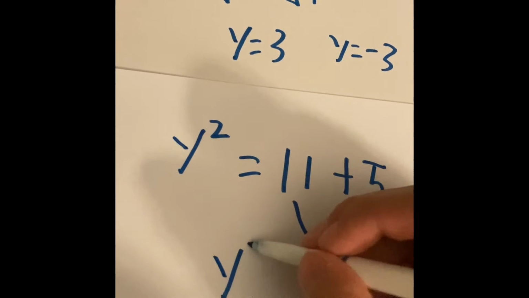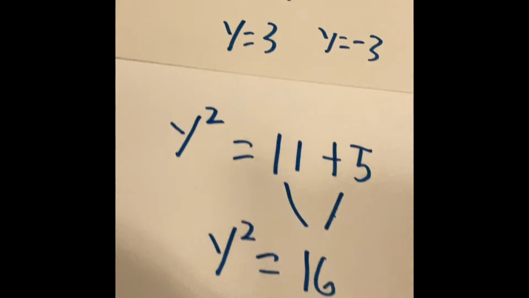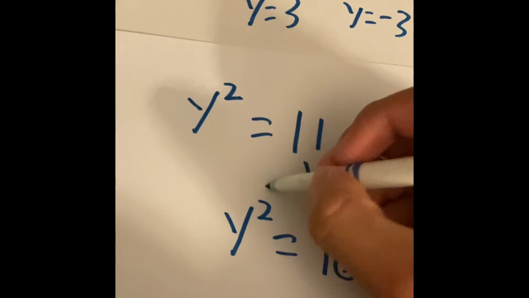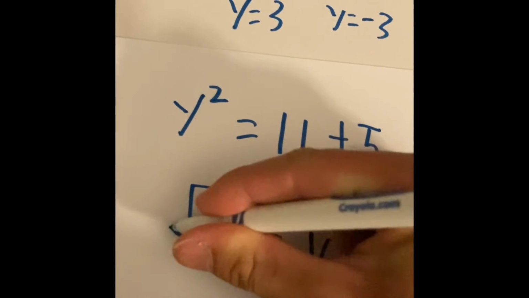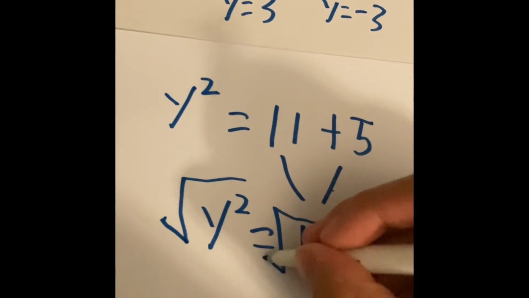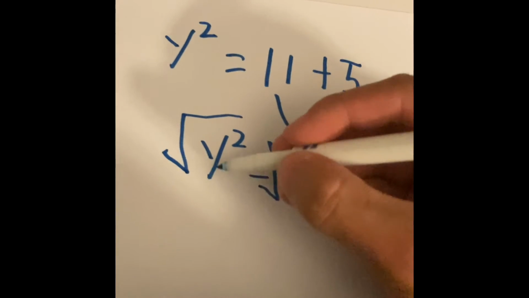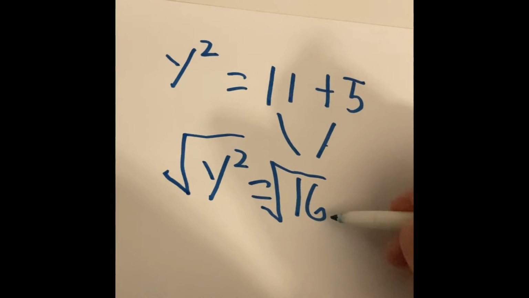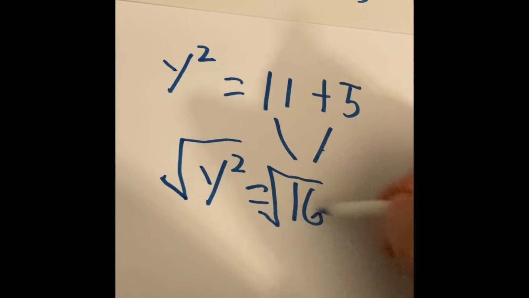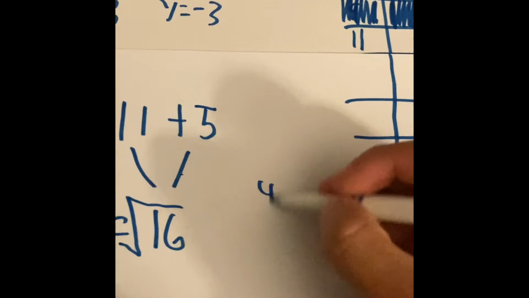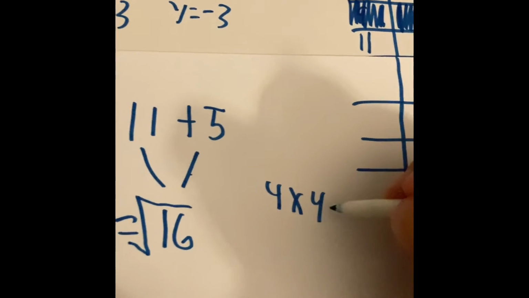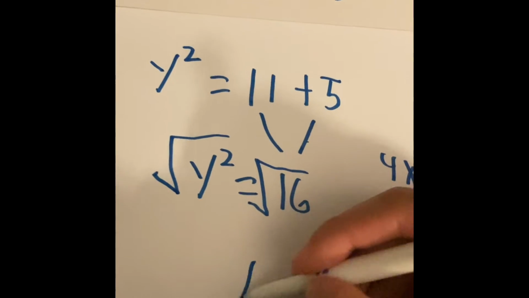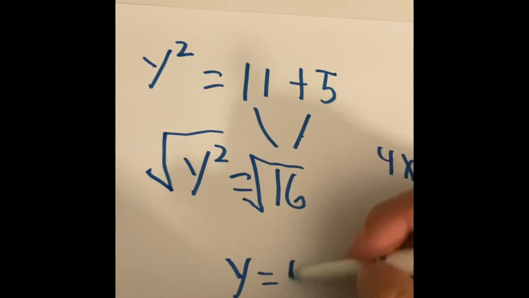And we have y squared equals 16. We are going to find the square root of both sides to find y, and whatever the square root of 16 is. So the square root of 16 is 4, because 4 times 4 is 16. Y is going to equal 4.